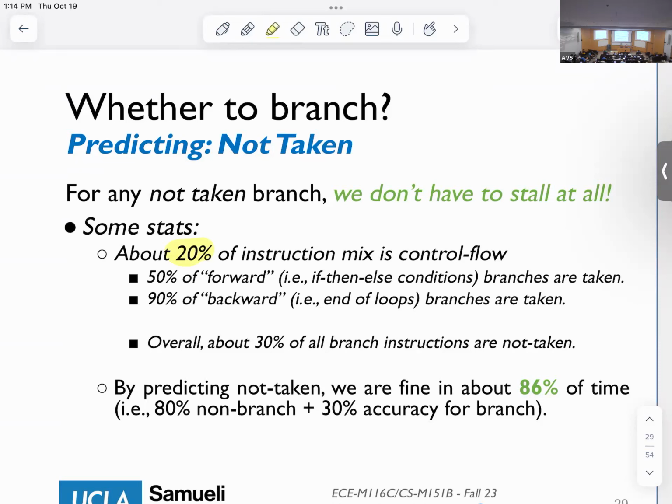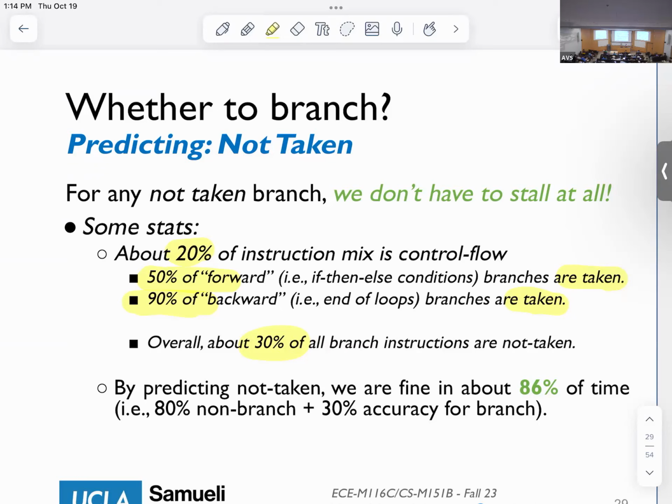People have found that out of all the branches we have seen on average, 50% of the forward branches are taken, okay? More interestingly, 90% of backward branches are taken, okay? So if you do the averaging, we'll see that about 30% of branch instructions are not taken branch instructions, okay?